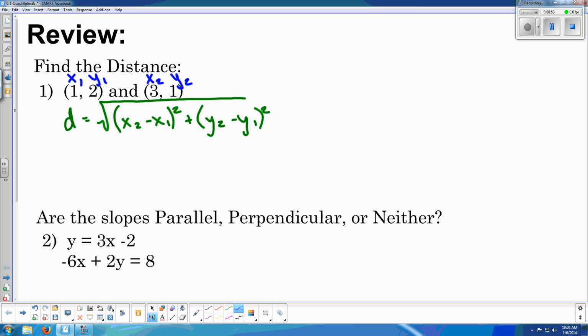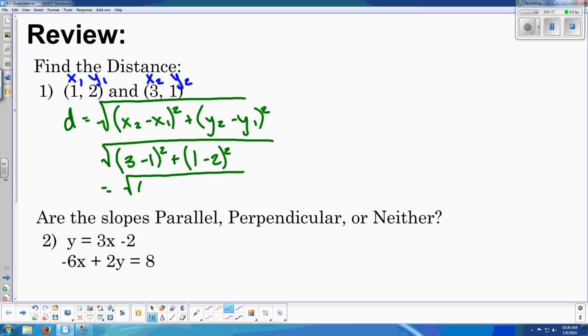Now this is not totally necessary, but it makes our life easier when we're trying to plug our numbers into our formula. So we have the square root of x2, which we found was 3, so we have 3 minus 1 squared plus y2, which is 1 minus 2 squared. Now we can say that equals 3 minus 1 is 2 squared plus 1 minus 2 is negative 1 squared.